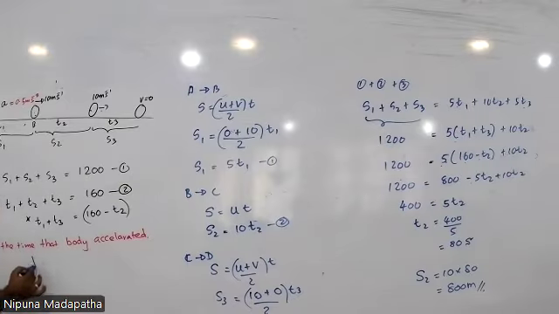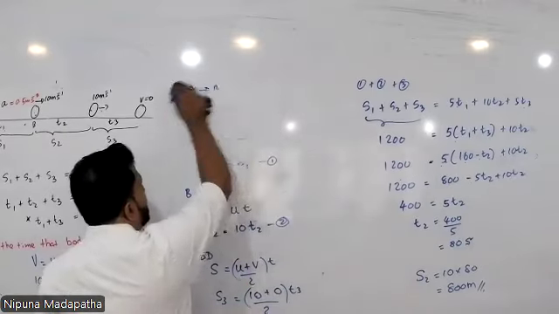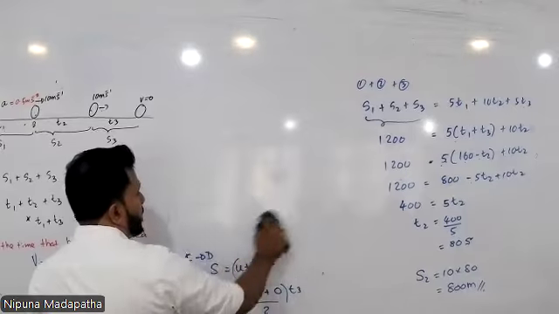You can use v equals u plus at. Final velocity of the body is 10, initial velocity is 0, acceleration is 0.5, time is t. So t is 10 divided by 0.5, which is 20 seconds. So now you know the time period where the body accelerated.